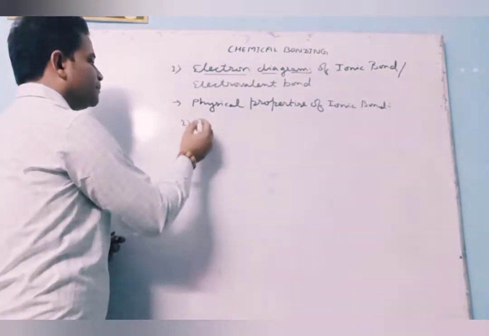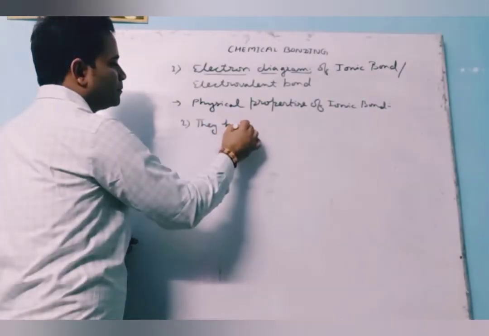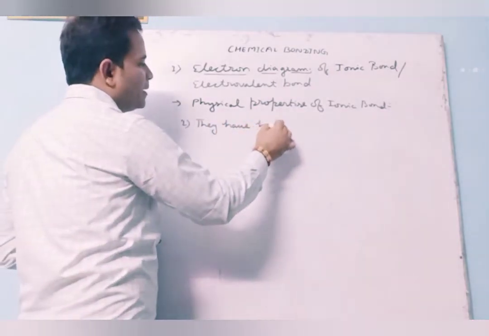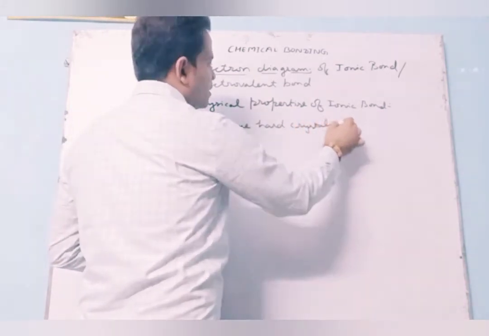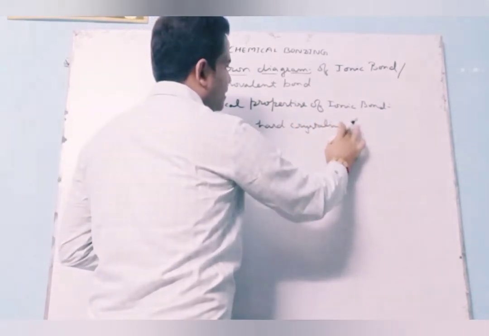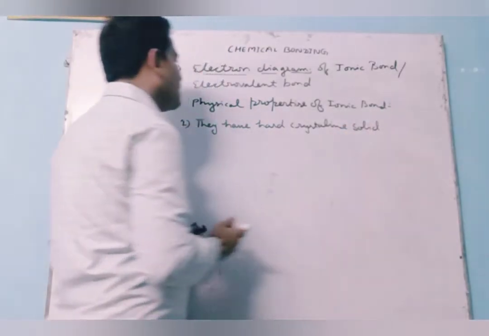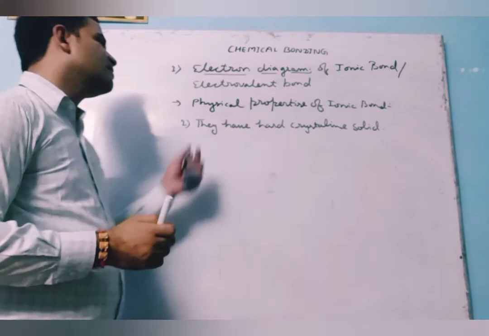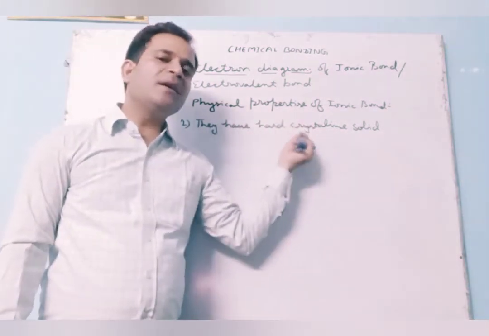Number 1, they are hard crystalline solids. Why am I saying the ionic compounds are hard crystalline solids? What is the meaning of crystalline?